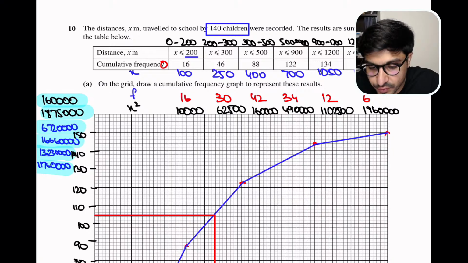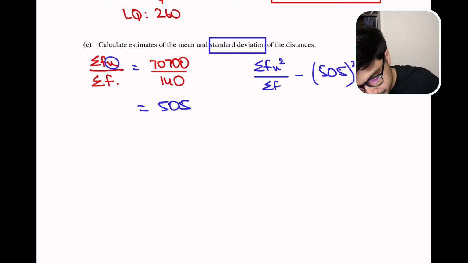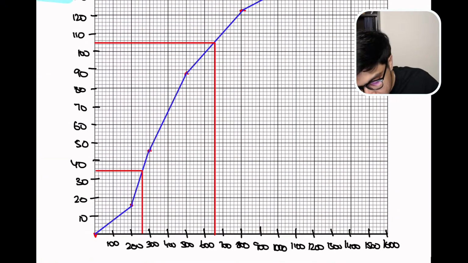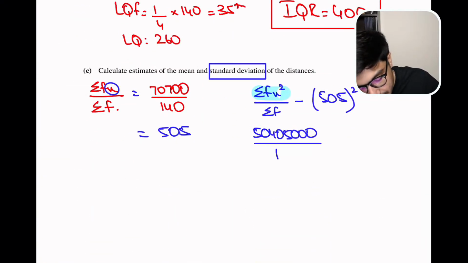So it's going to be what? 50,405,000, and in the denominator it's going to be the total of frequency. The total of frequency is 140, and then minus 505 square, right?